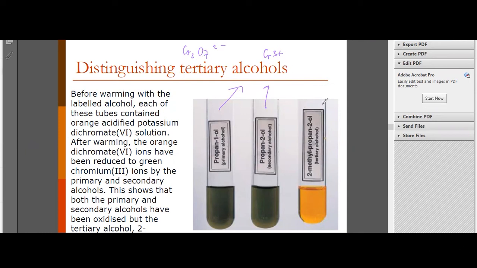But if the oxidation reaction does not occur, it is still in Cr2O7 2- form, which has an orange-yellow color. So through this process, we can distinguish whether it is primary, secondary, or tertiary. But once again, we cannot distinguish the primary and secondary through this type of reaction, since they produce the same color, which is green.